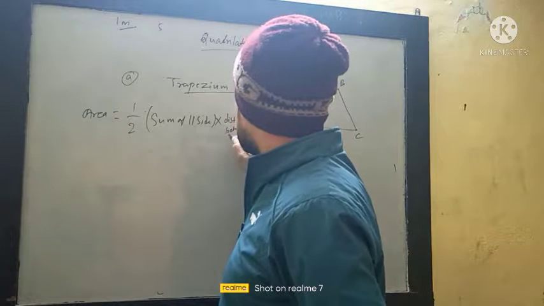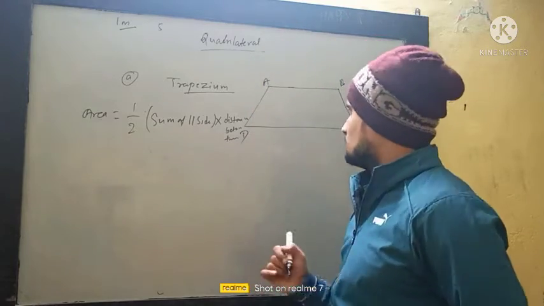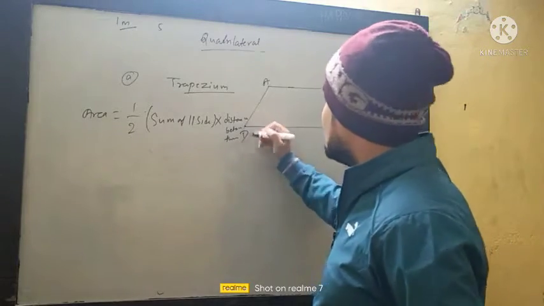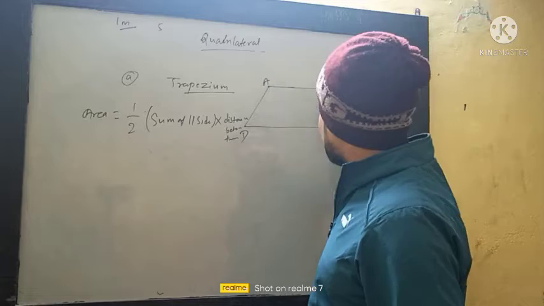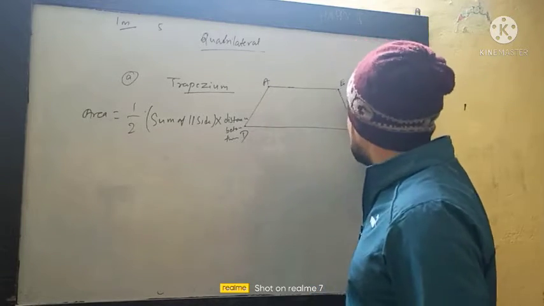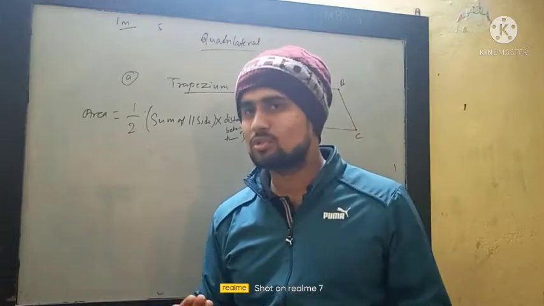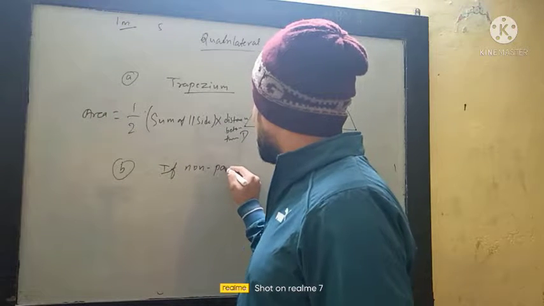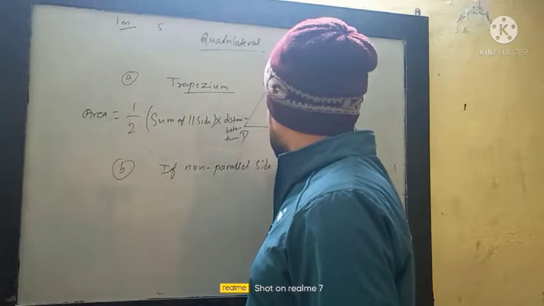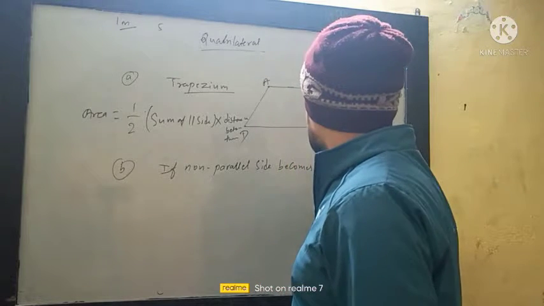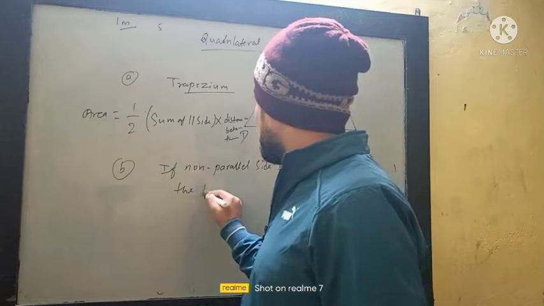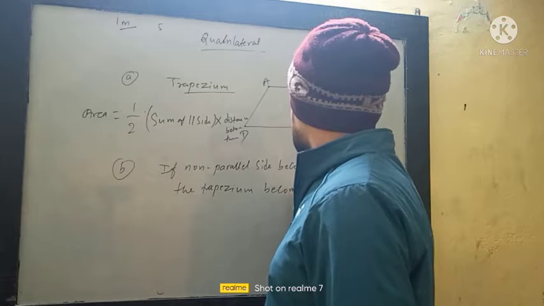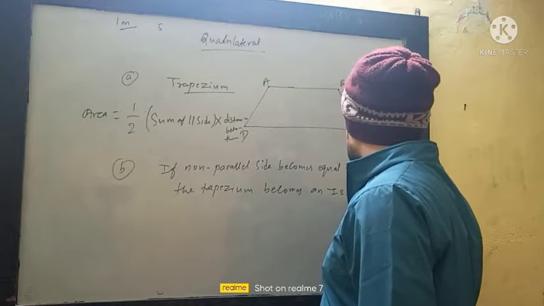If we talk further about this trapezium, in a special case where the non-parallel sides, AD and BC, become equal, then this trapezium is called an isosceles trapezium.